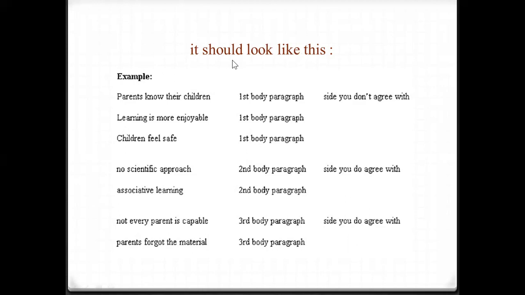Remember, the key points in your first paragraph are the side you don't agree with. Now let's proceed with the second body paragraph as the side you do agree with. From the previous slide, we listed no scientific approach and associative learning. In addition to this, your third paragraph is again the side you do agree with.